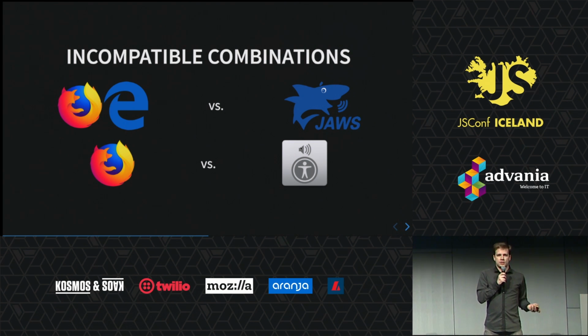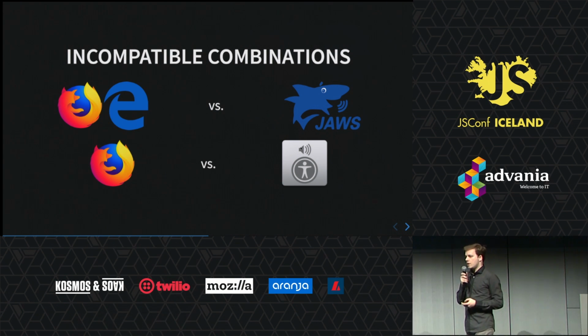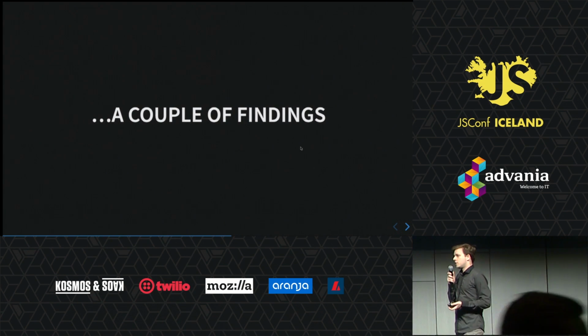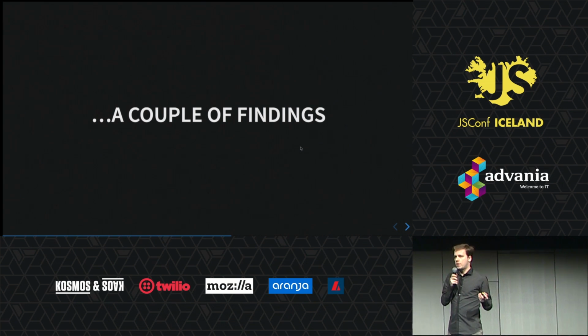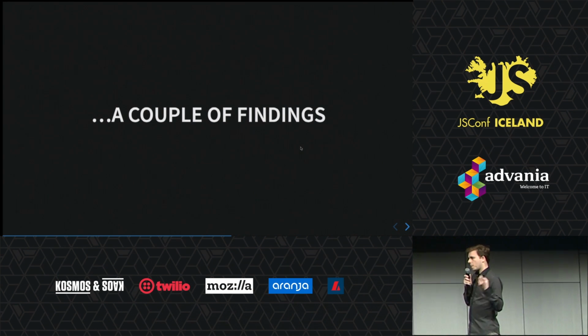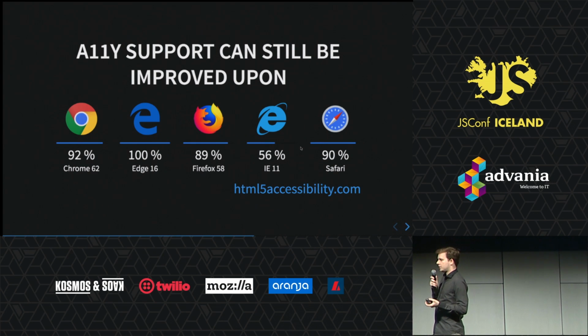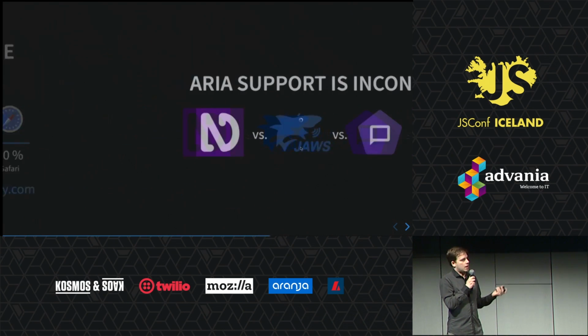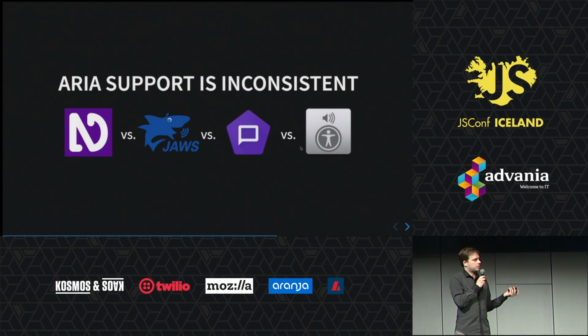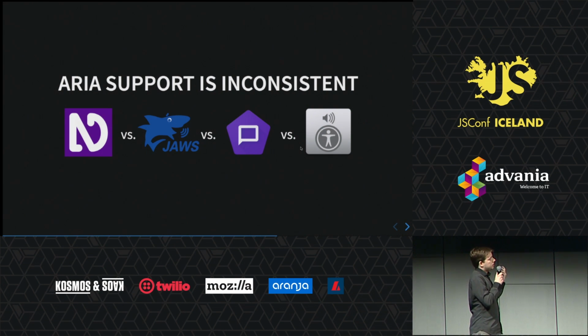Anyway, all of this has taken us on several months of a journey in which we were testing and prototyping, and we made quite a couple of findings. For example, the accessibility support in browsers could still be improved, and support for ARIA, which is used to make our websites more accessible, and is implemented by the assistive technologies, not the browsers, is implemented inconsistently.